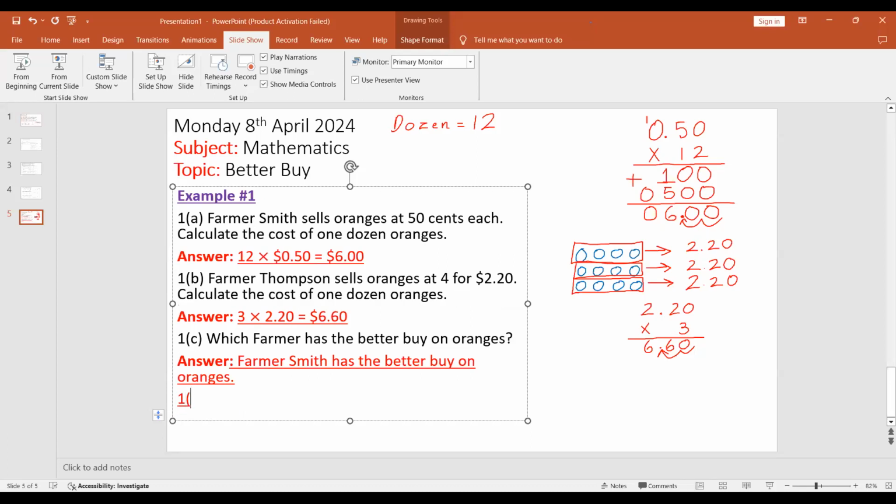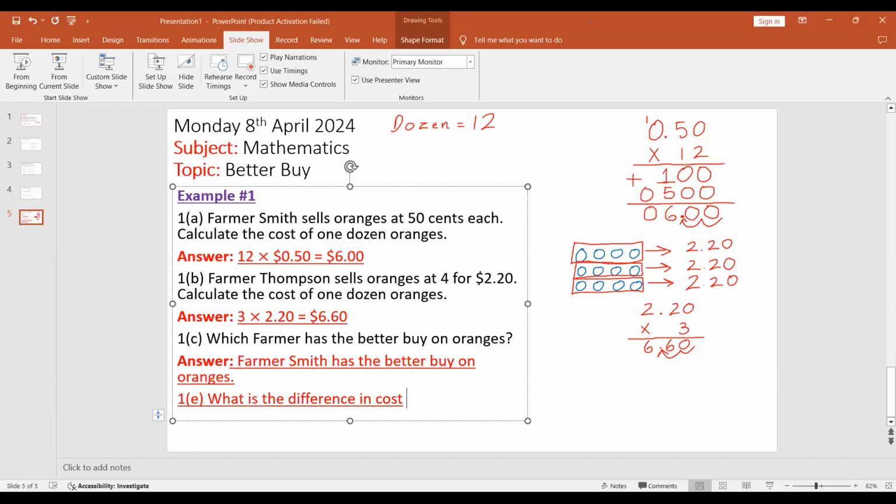The next question says, question E. Determine, or we can say, what is the difference in cost?